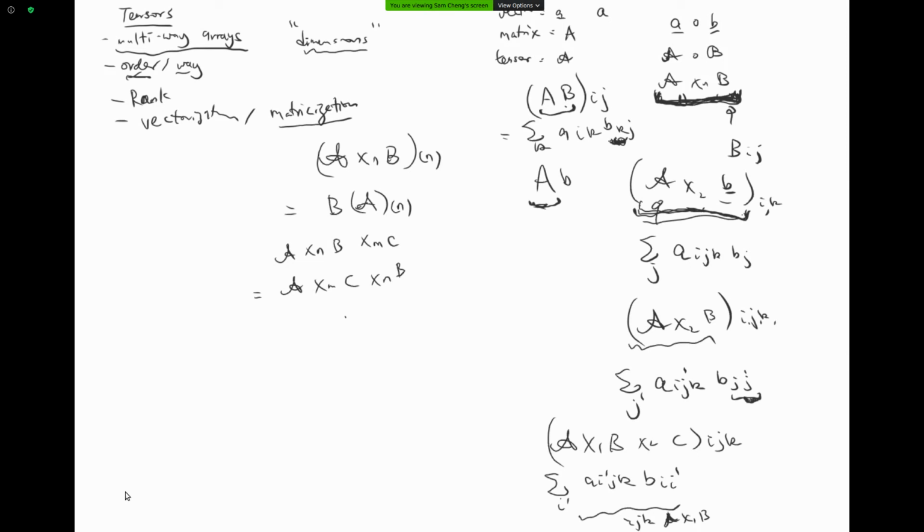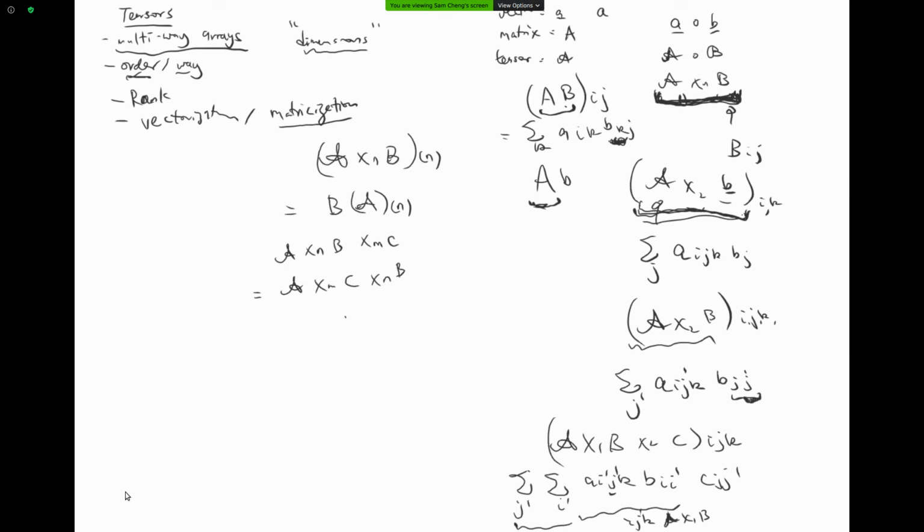and if I want to look at the multiplication with C again, then there will be another sum over j'. So I should consider this to be j', because I'm interested in the ij'k element of A times_1 B here, and this is also multiplied by c_{jj'}, because I'm doing this mode 2 multiplication with C. And apparently this summation can swap.